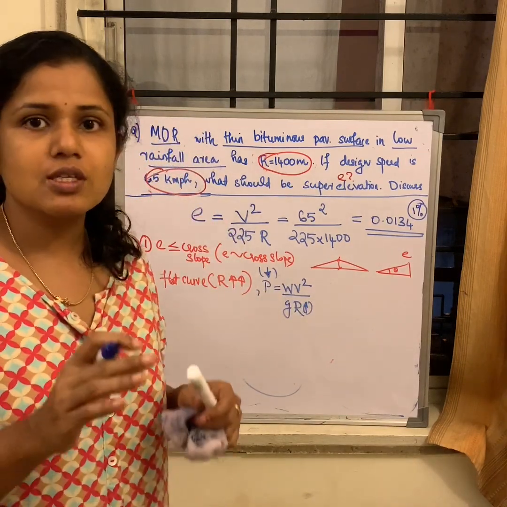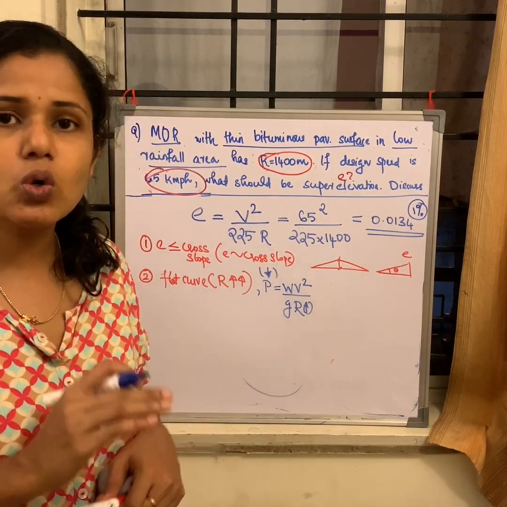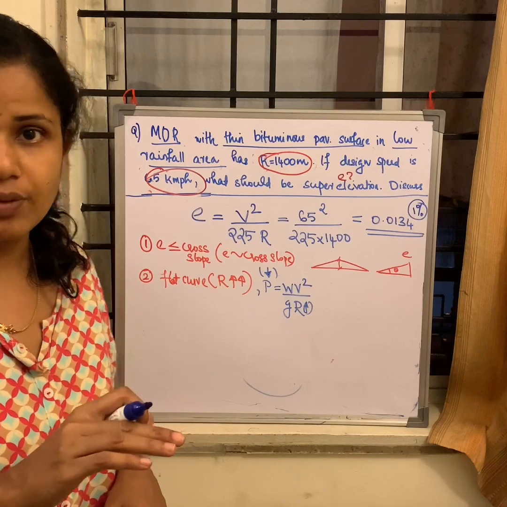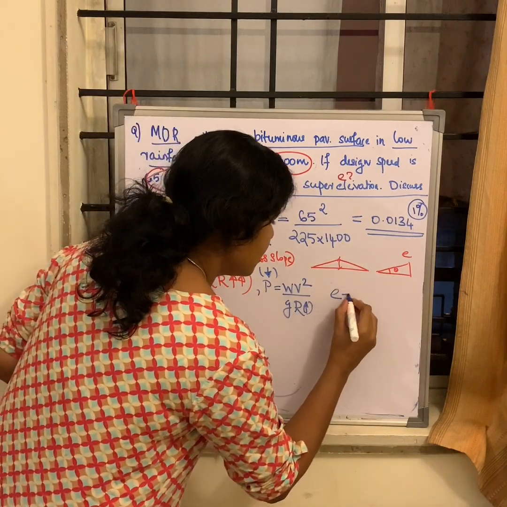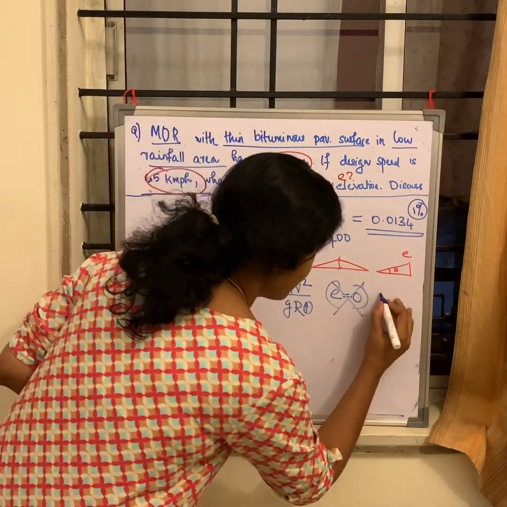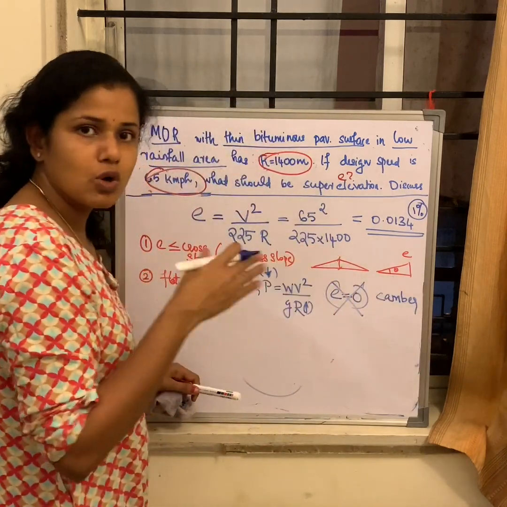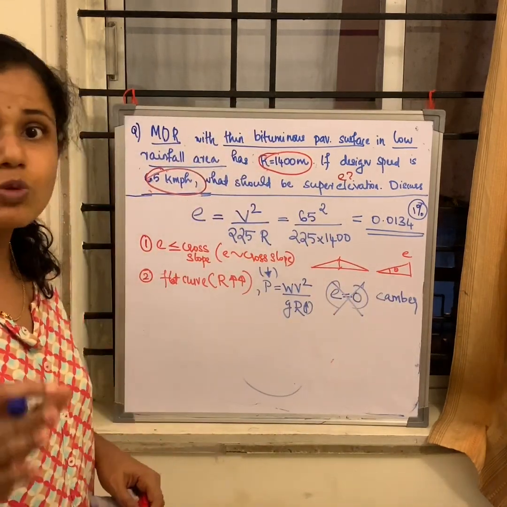So the assumption is that since the centrifugal force developed is small, there is no need to provide super elevation. I can consider e as 0. You are not providing super elevation. In fact, you can retain the camber or the cross slope throughout the horizontal curve. This is another option.